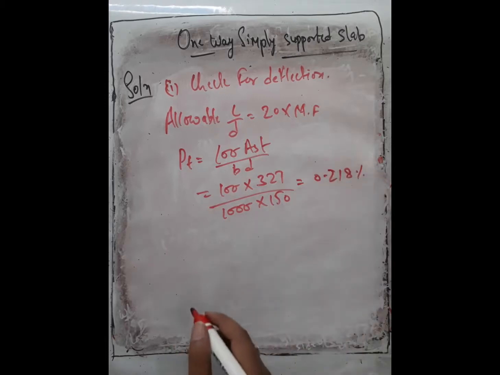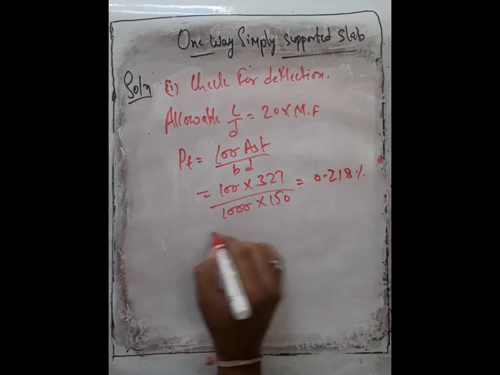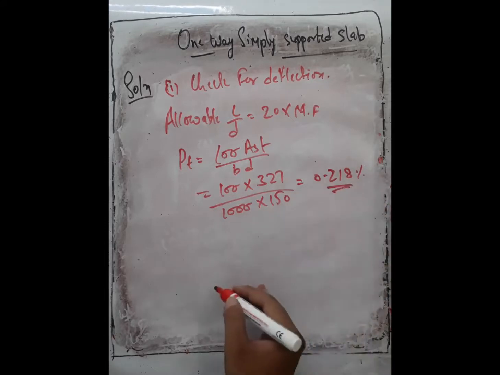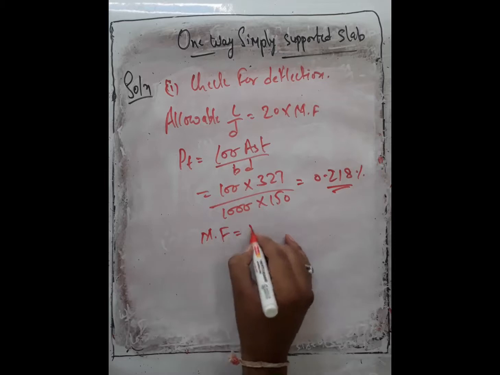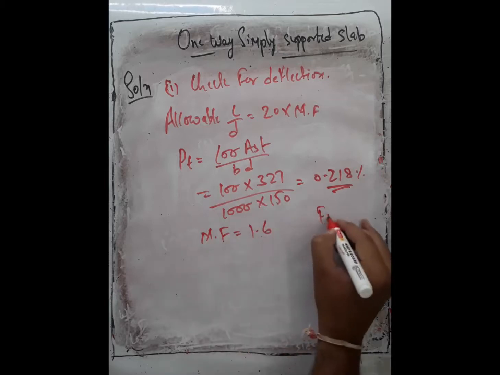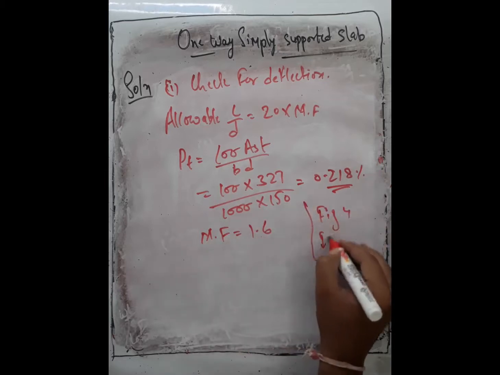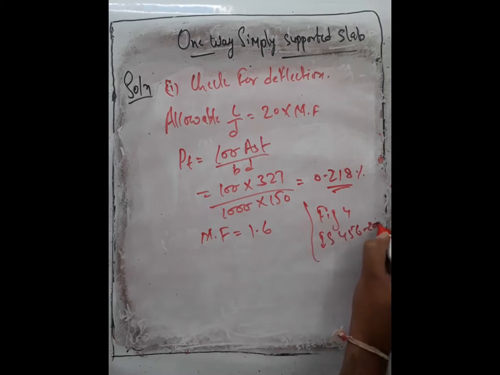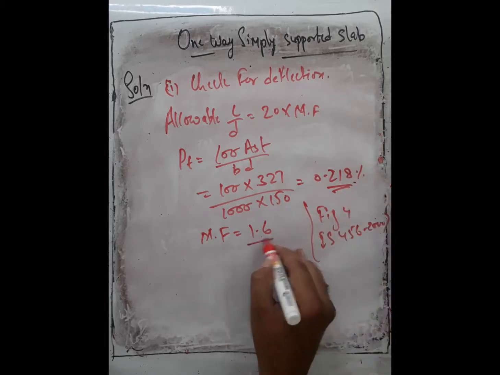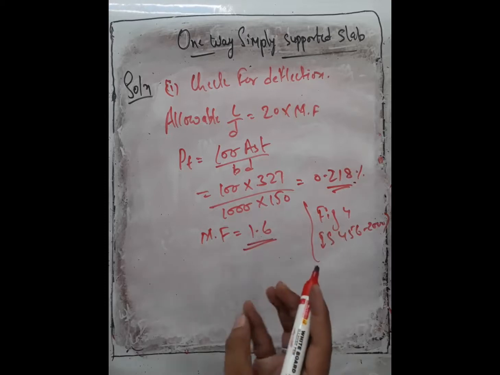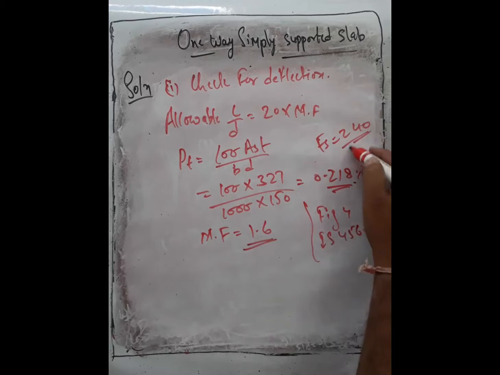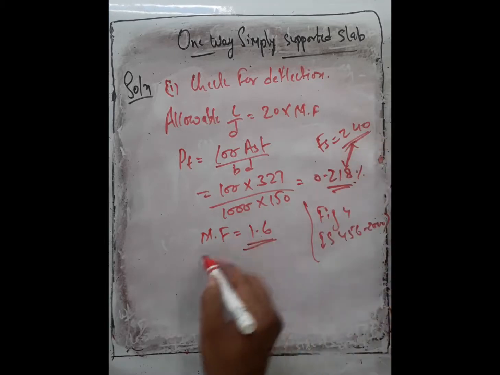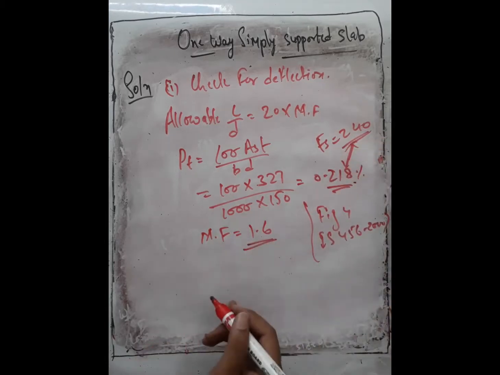The modification factor for that is 1.6 according to figure number 4 given in IS 456:2000. For this value we get 1.6, and we know that Fs is equal to 240. So from these two values we find the modification factor, and we get 1.6.